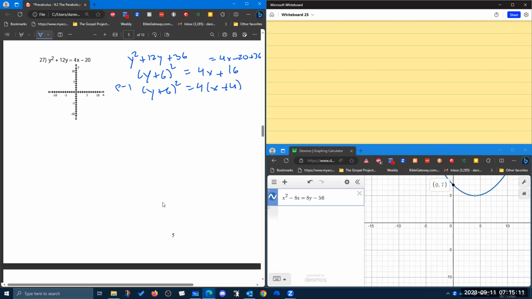My p equals 1 here. It's going to open to the right. I've got a vertex at (-4, -6). Focus at (-3, -6). Directrix at x = -5.